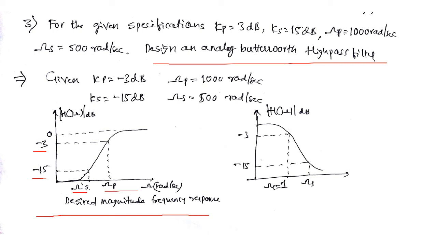This can be designed using a normalized low pass filter. The frequency response of the normalized low pass filter is shown here. The cutoff frequency is 1 radian per second, because for a normalized Butterworth filter the cutoff frequency is 1 radian per second.